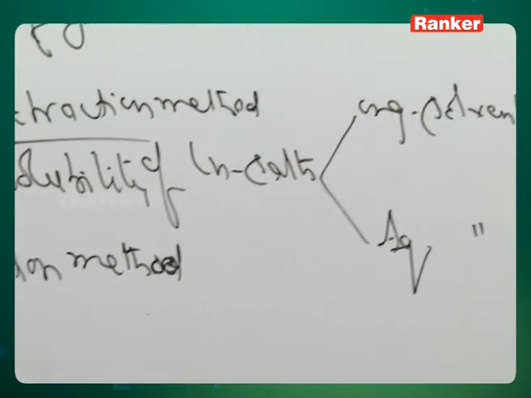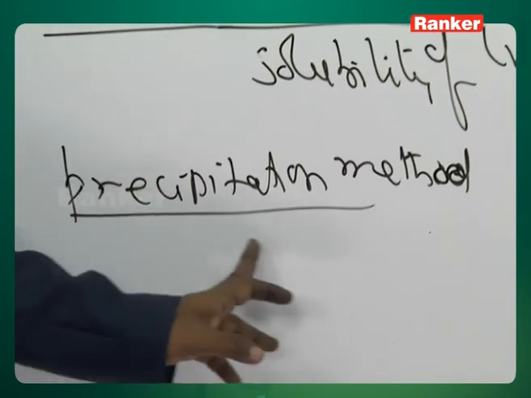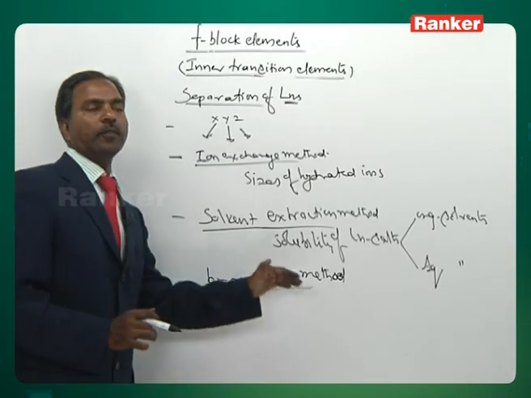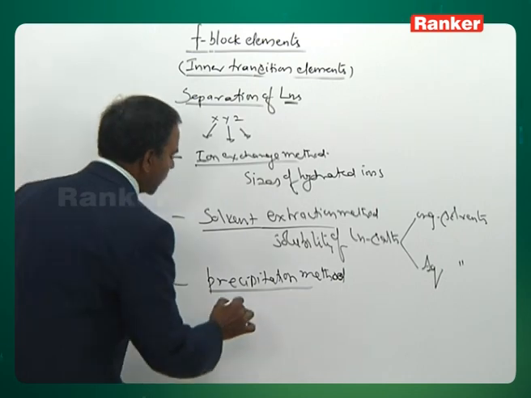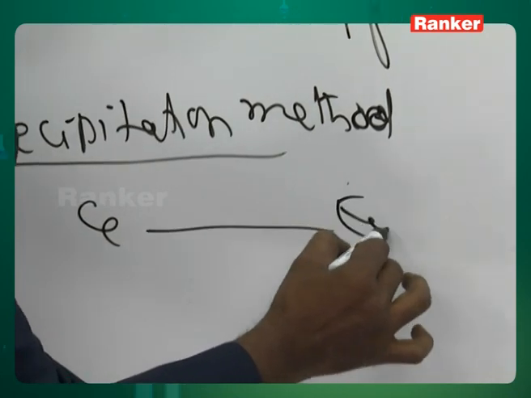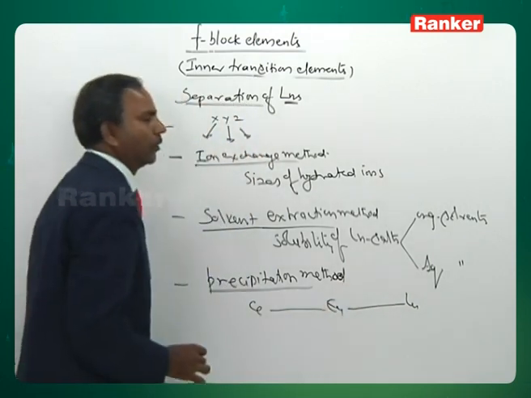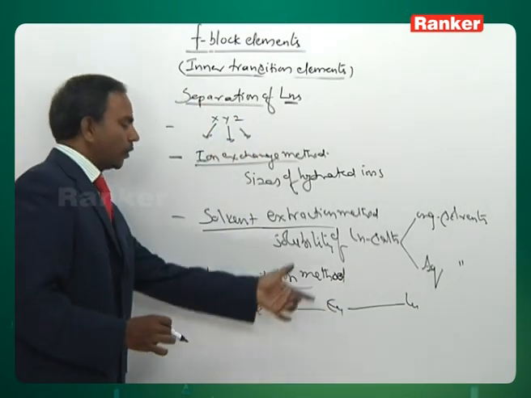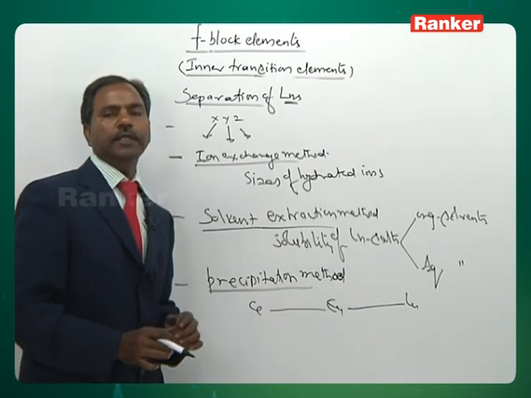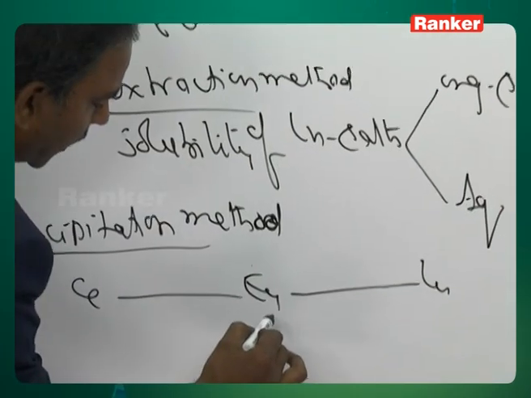Next, coming to the precipitation method. This is based on the basicity of lanthanides and the rate of precipitation. Consider cerium to europium, and europium to lutetium, the last element. From cerium to lutetium, the basicity of hydroxides and oxides gradually decreases.